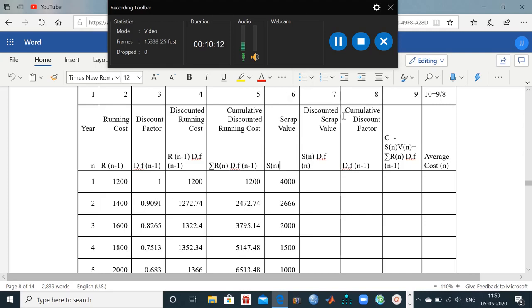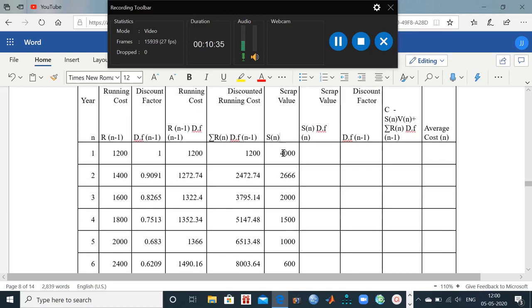So if I have another column 6A, this would be 0.9091 for the first year, 0.8265 for the second year, 0.7513 for the third year and so on. But because I don't have the column included here, if you need, you can do that, and that could make your calculations a lot simpler.